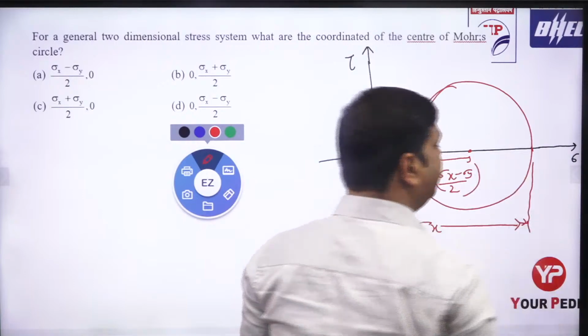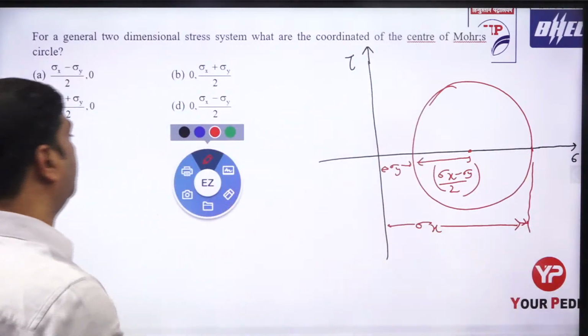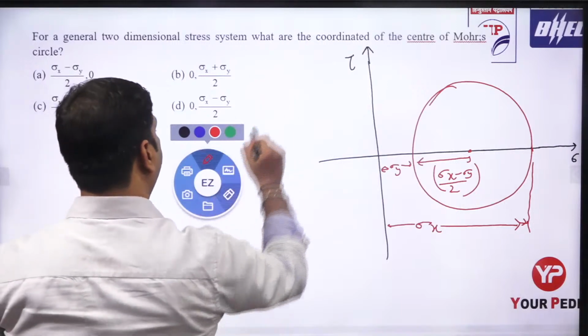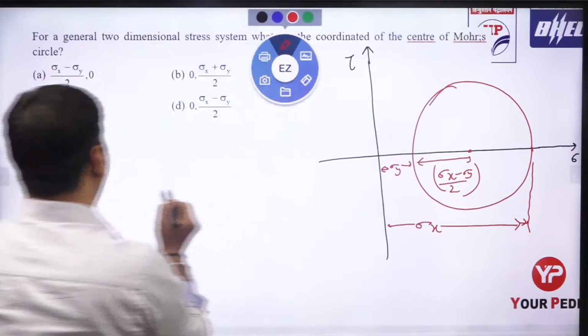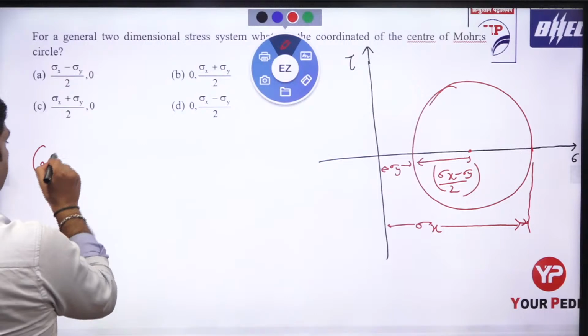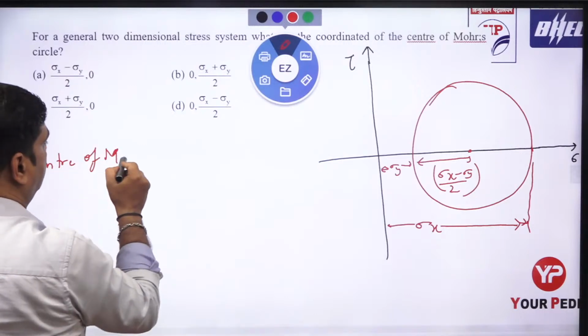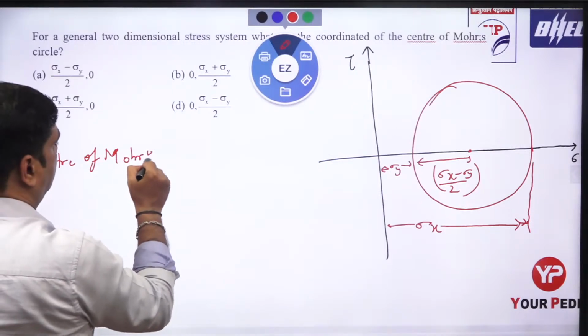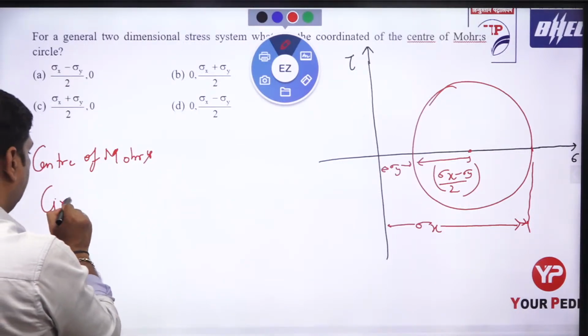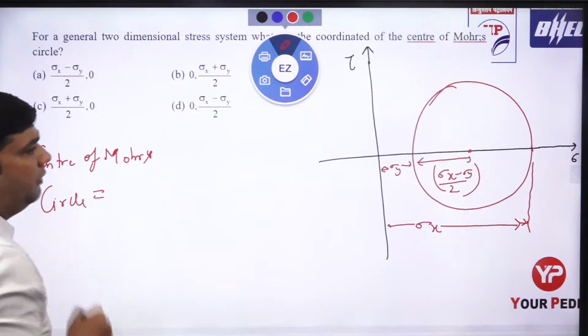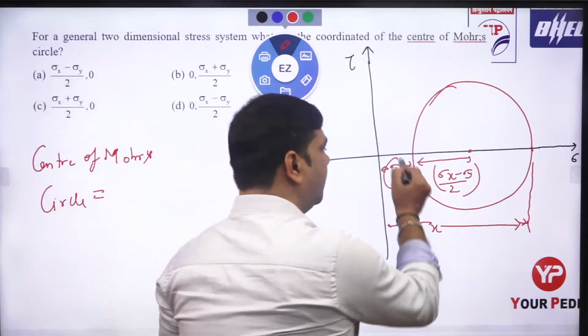But it is asking for the center of the Mohr circle. So what is the center of the Mohr circle? The center equals sigma y plus this distance.